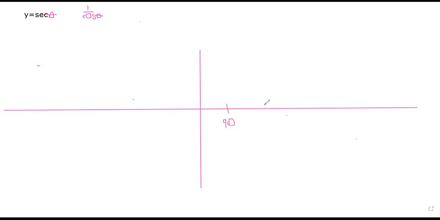Mark 90, 180, 270, 360, and here minus 90, minus 180, minus 270, minus 360.